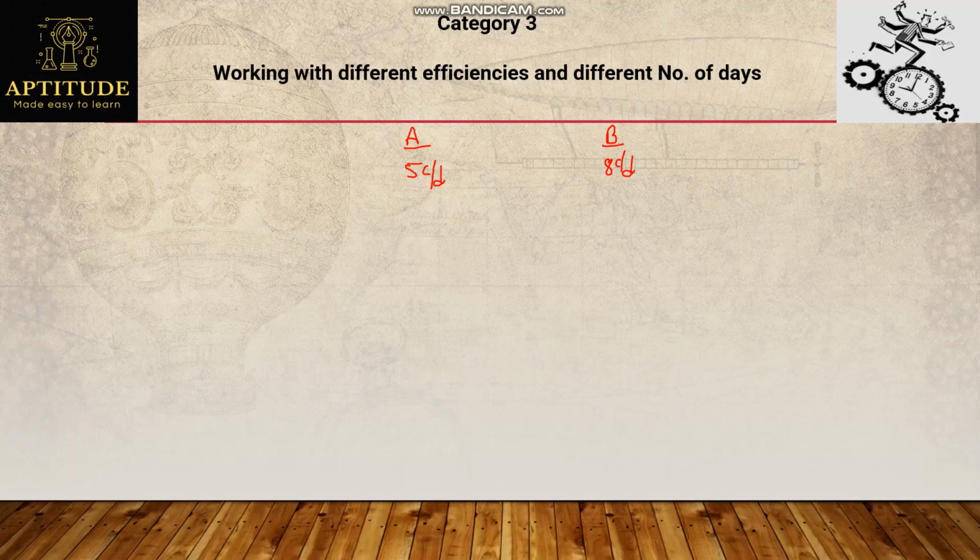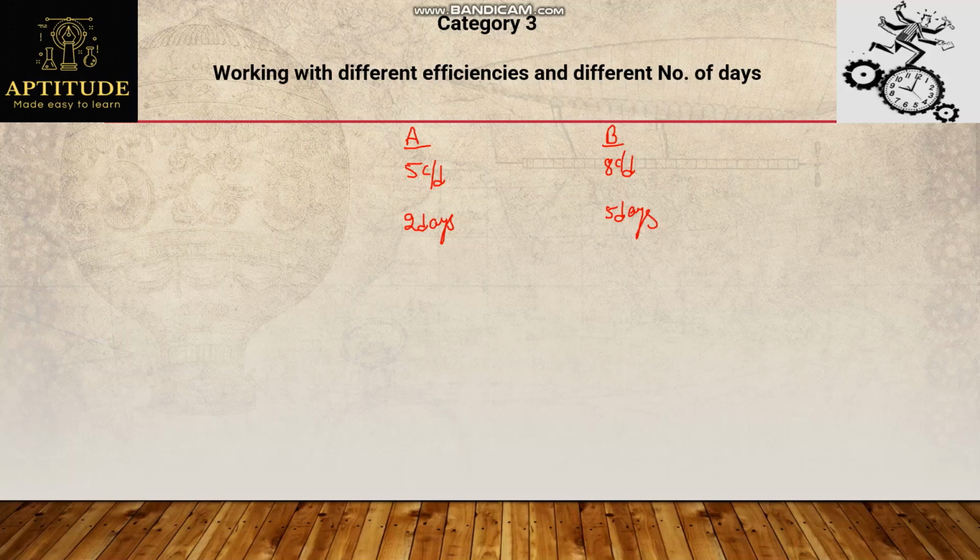And here they work for different number of days. For example, A works for 2 days while B works for some 5 days. Observe here, days are different as well as their efficiencies are also different.